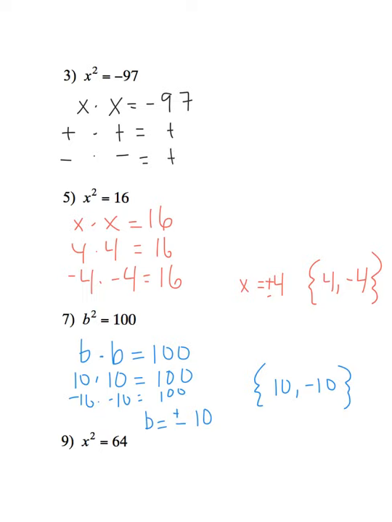So, since we haven't discussed the complex plane, there is no real number that will make this equation for number 3 true. So for number 3, since it's a negative number on the side, there is no number that you can multiply by itself to give you a negative number, so this is going to be no solution.